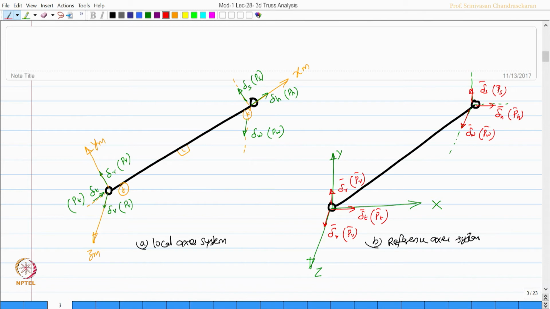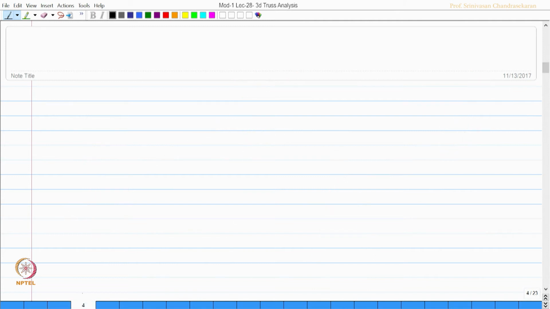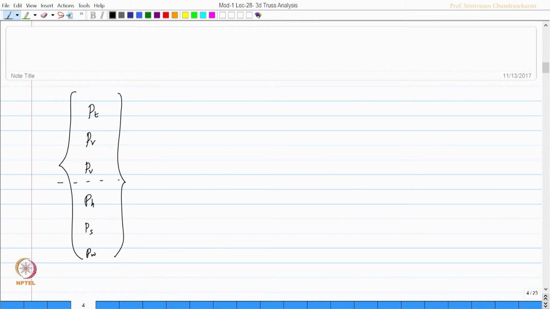Therefore, there are no moments about any of these 3 axes. So, obviously, we realize that the stiffness matrix will have a size 6 by 6. Now let us say I want to connect my displacement or the forces P t, P r, P v, that is at the jth end, P h, P s, and P w.